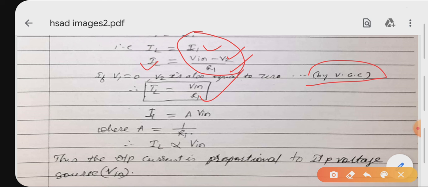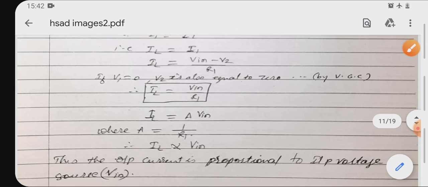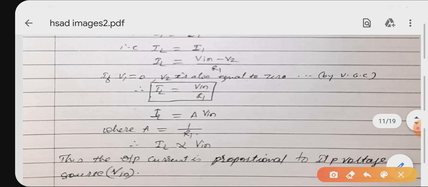So finally you will get this equation, IL is equal to A into Vin. A is constant, so IL means load current, as load current is proportional to Vin because A is constant.